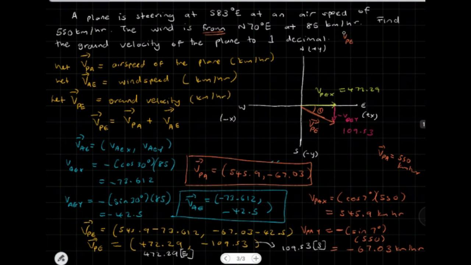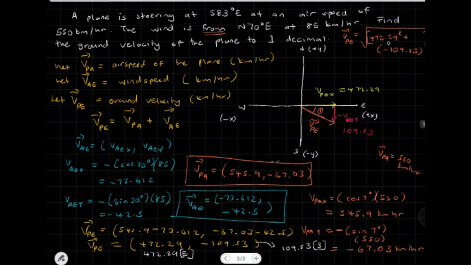So the magnitude of the ground velocity, we're just going to use Pythagorean theorem, so 472.29 squared plus 109.53 squared. And you can just put the negative here, but because you're squaring it, it should cancel out, right?